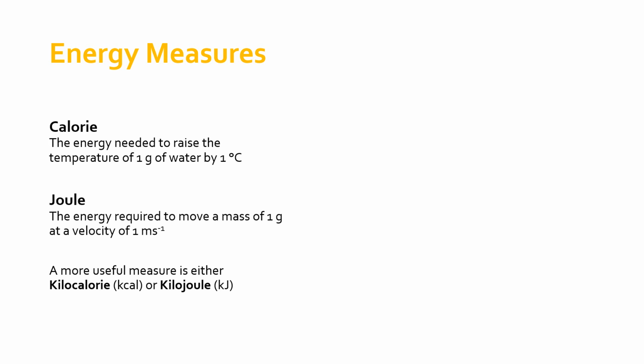Now this is where it gets slightly confusing, because whereas a calorie is defined here on the screen, 1,000 of those calories is a kilocalorie. But confusingly, having used kilocalories for a while, we now generally refer to them as calories. So when you hear somebody talking about how many calories are in this food and that food, and how many calories have I expended in this exercise, they're almost certainly talking about kilocalories.